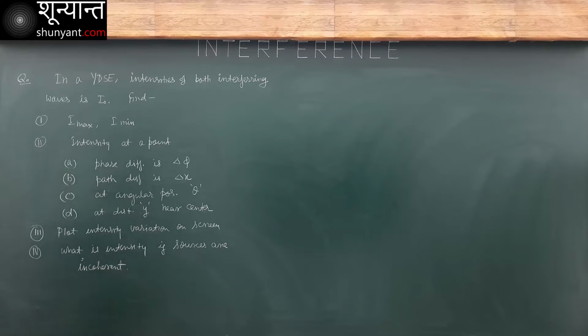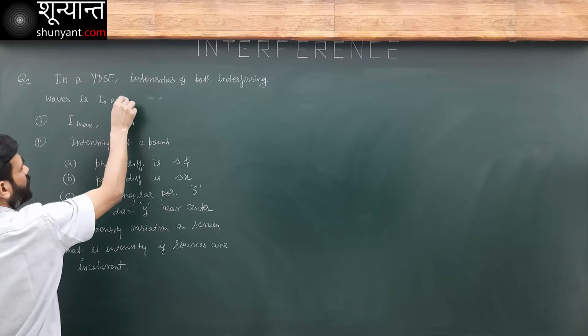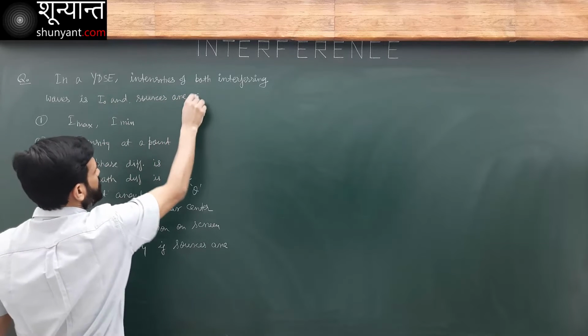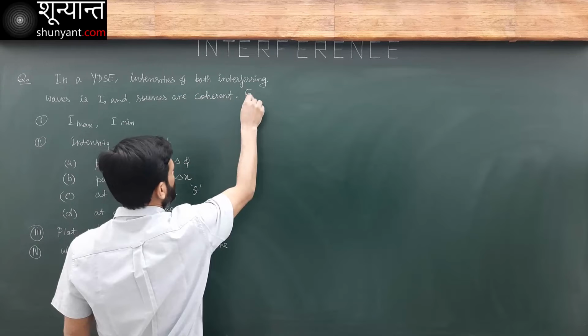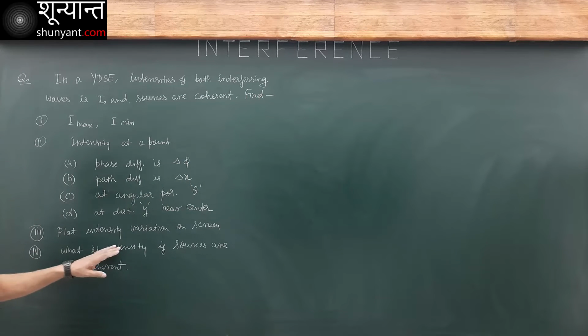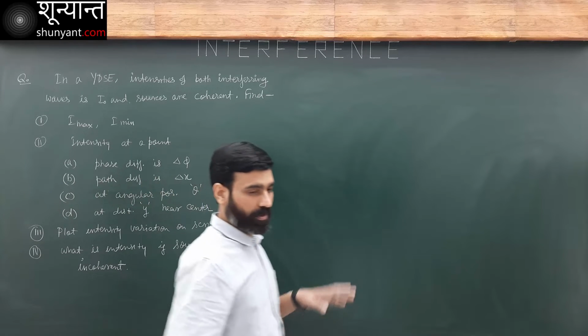In YDSE, intensity of both interfering waves is I naught, and sources are coherent. Then I have to find these, and I have to find intensity if sources are incoherent. They are not coherent. What is the meaning of coherent and incoherent?